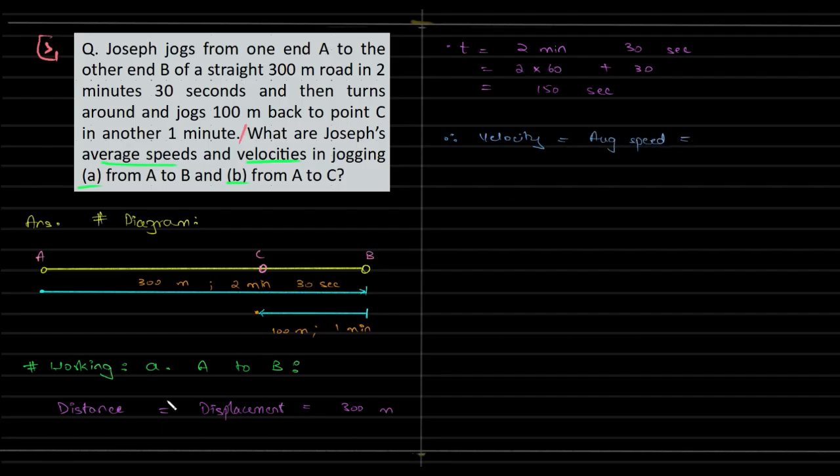Both are equal. Why? Because distance is equal to displacement. So we have this to be the change in distance over change in time. So in both the cases we have 300 by 150, so that would be 2 meter per second.